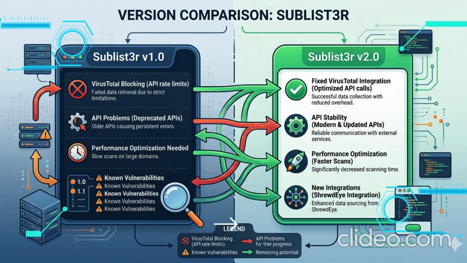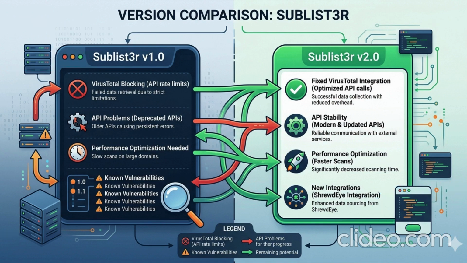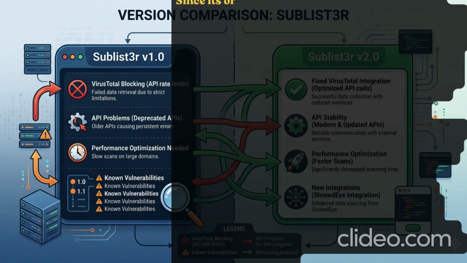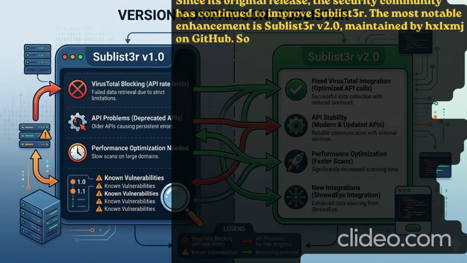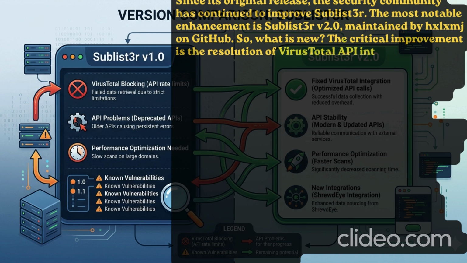Since its original release, the security community has continued to improve Sublist3r. The most notable enhancement is Sublist3r version 2.0, maintained by HXLXMJ on GitHub. So what is new? The critical improvement is the resolution of VirusTotal API integration issues.